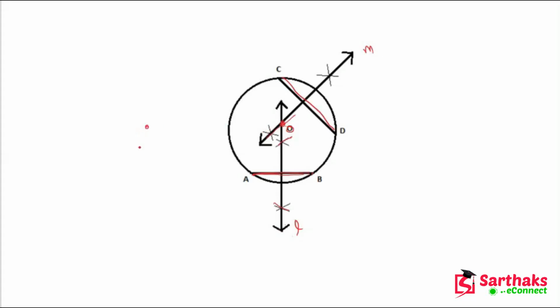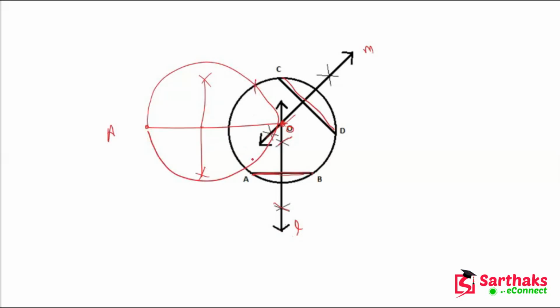Now let's suppose we have a point A, and we have to draw the tangents from this point to the circle. First of all we join this, and we draw the perpendicular bisector like this. With the help of this point we make a circle like this, and we get two intersecting points.